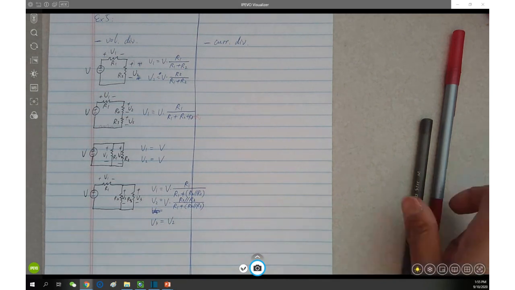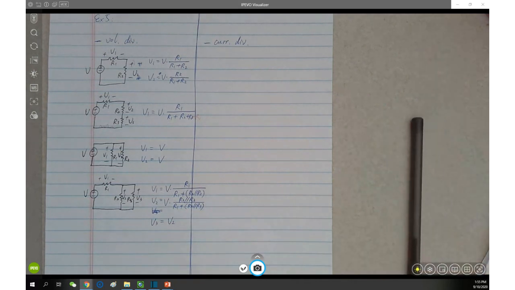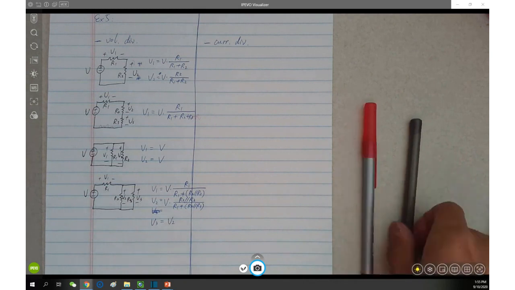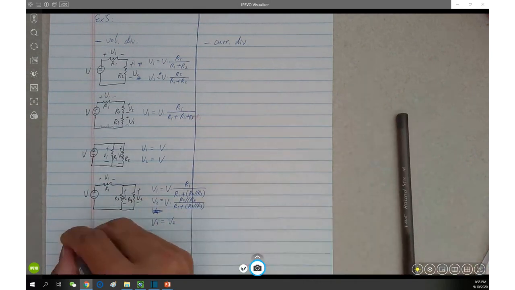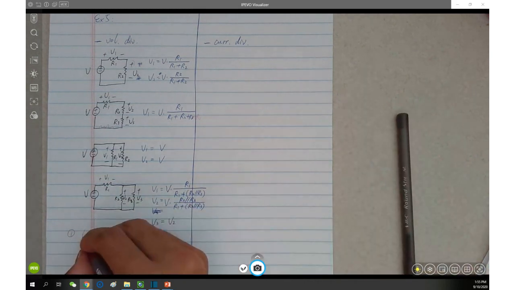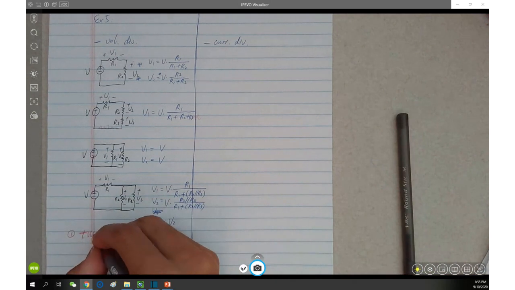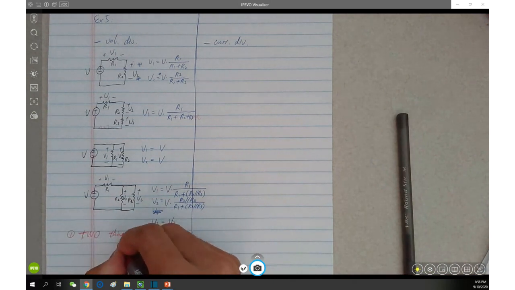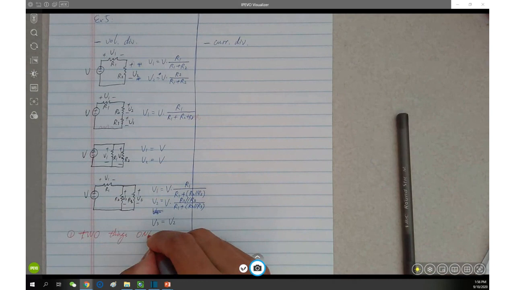So let me summarize the voltage divider, how you should think, how you should conduct it. Remember, first thing is two things, and the two things only, okay?